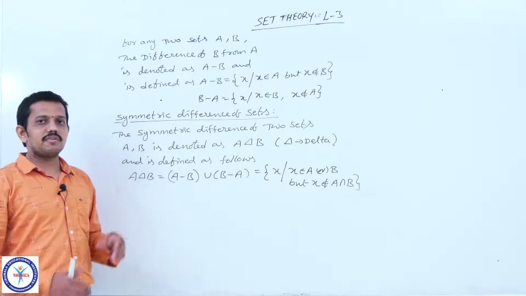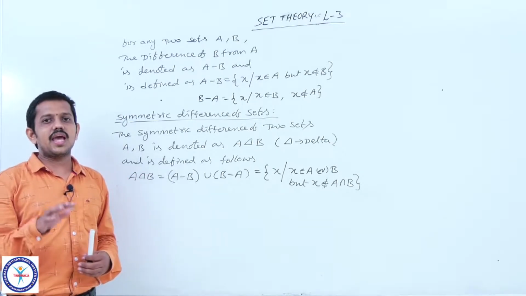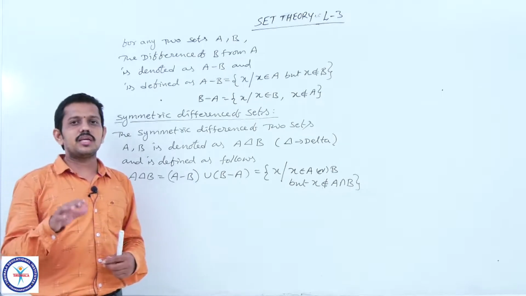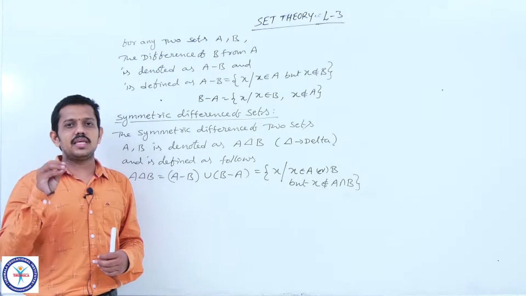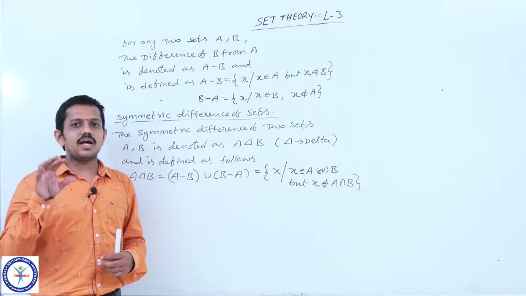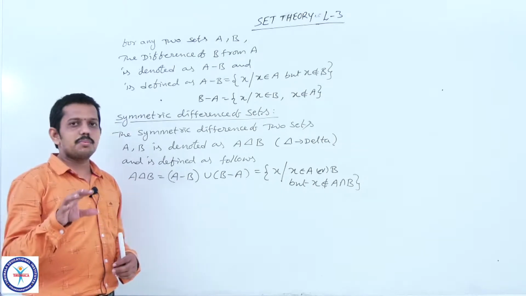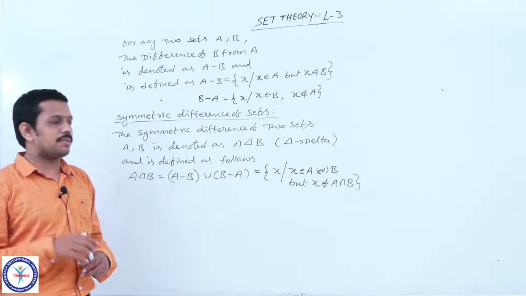Here the symmetric difference does not contain the common elements in sets A and B. So therefore the symmetric difference of any two sets is nothing but the set of all elements in A or B but not in both, the common elements. We should not consider common elements.